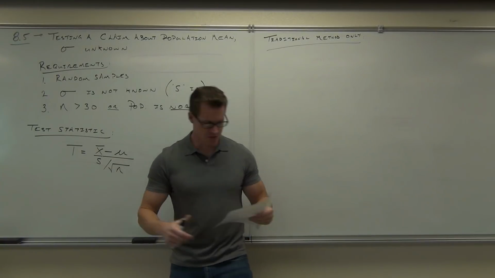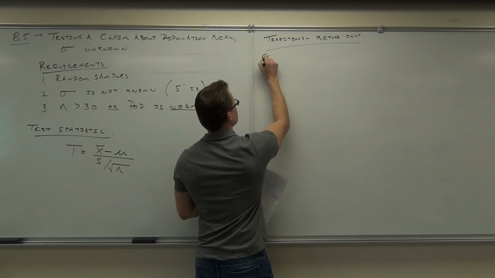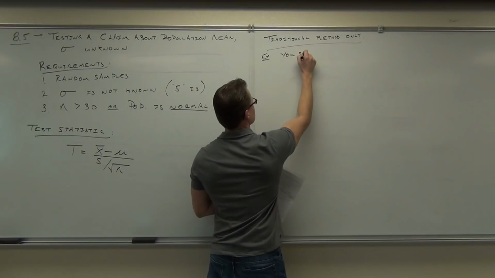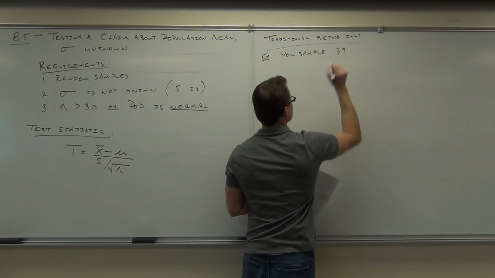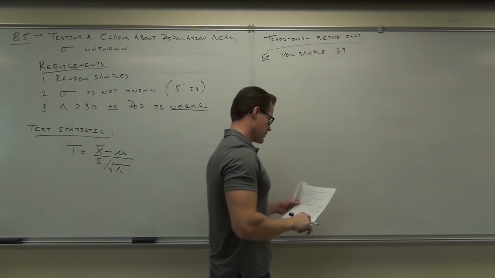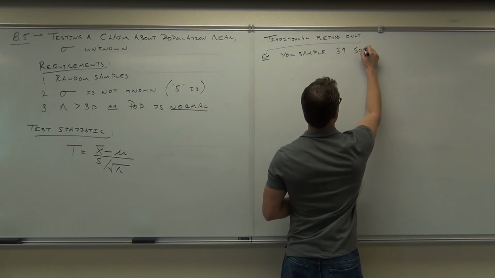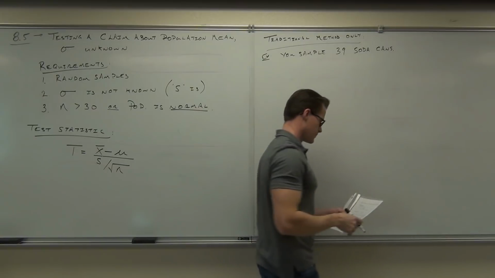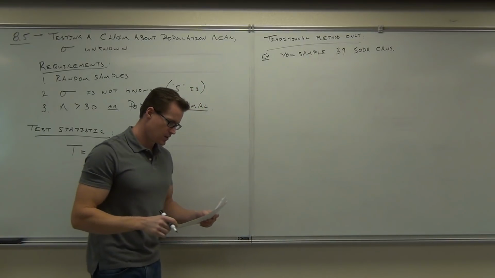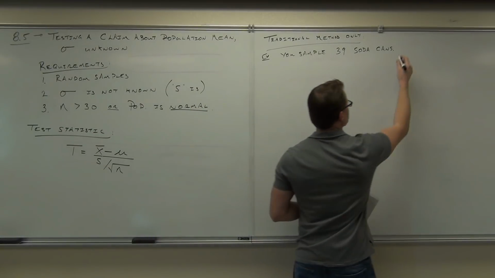So you're in the soda business. You sample 39 cans of soda. The mean volume of soda was 12.11 ounces.